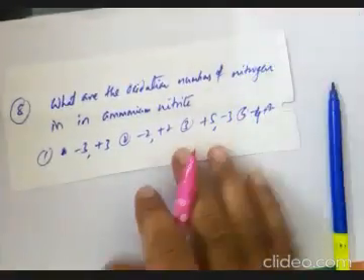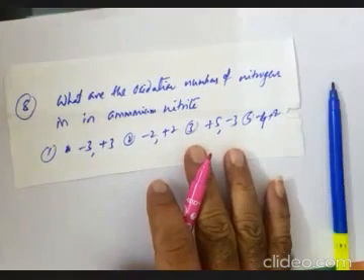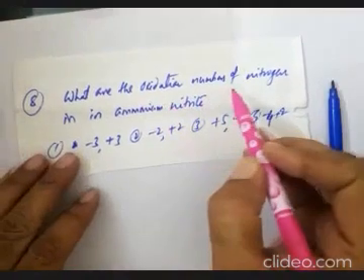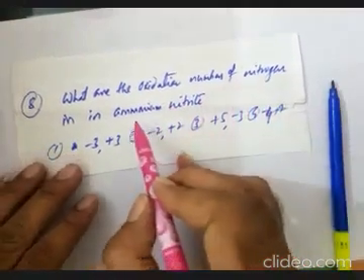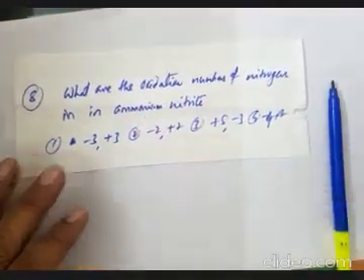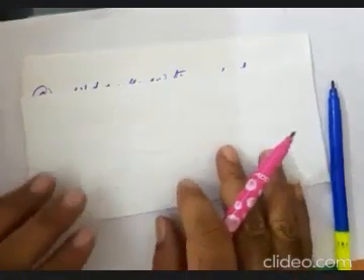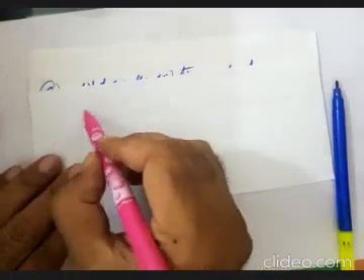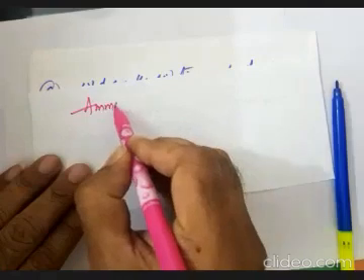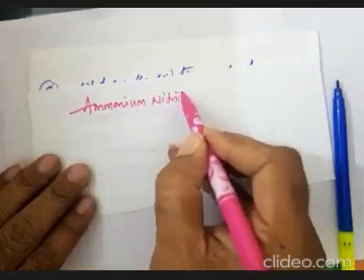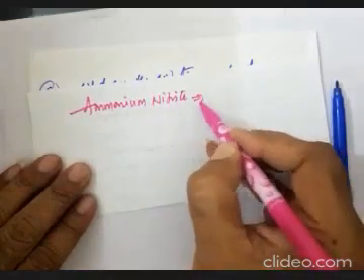Now, what are the oxidation numbers of nitrogen in ammonium nitrite? First of all, the ammonium nitrite formula is what?